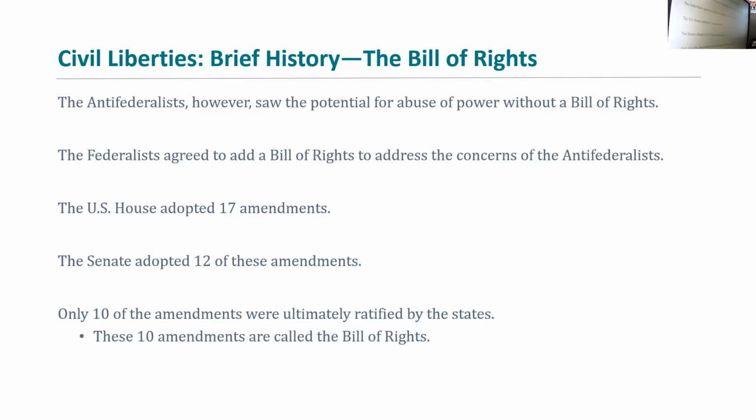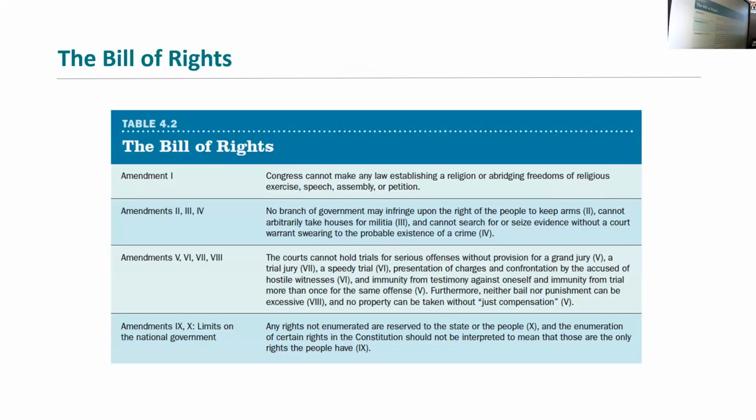Of those 12, 10 are ratified, and those are what we call today the Bill of Rights. Interestingly enough, the 27th Amendment is actually a Bill of Rights amendment as well, though. Okay, our very last amendment was the 11th of these 12 that gets adopted.